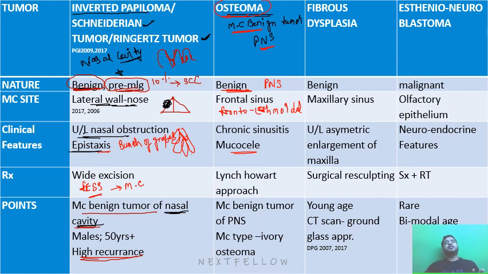If osteoma is bigger in size, we can go for the Lynch-Howard approach. What is this Lynch-Howard approach? This is the external frontoethmoidectomy. Suppose this is my nose, this is my eyes. So what will we do in the Lynch-Howard approach?